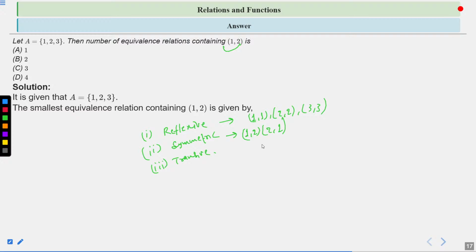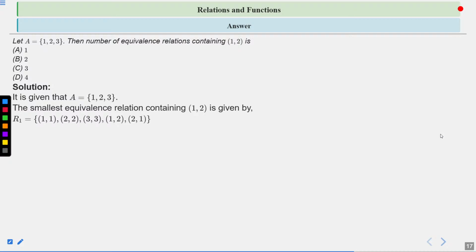And for a transitive relation, if (a,b) belongs to R and (b,c) belongs to R, this implies (a,c) always belongs to R. So we'll try to make the relation in such a way that all the three conditions are satisfied. That's what I am explaining.